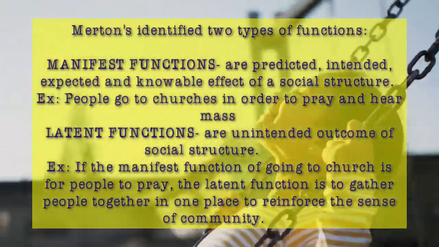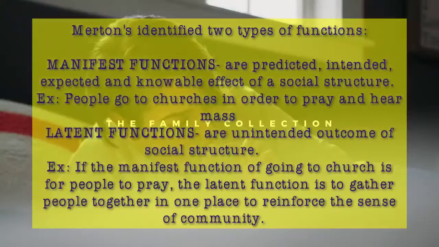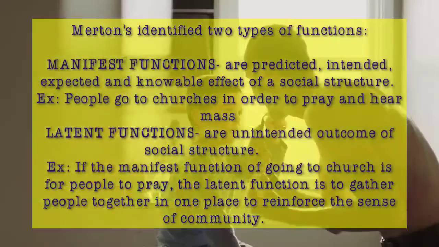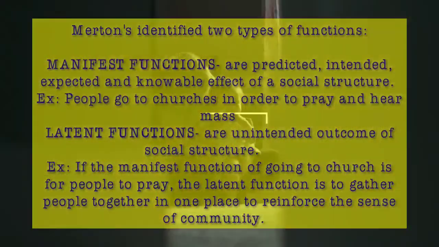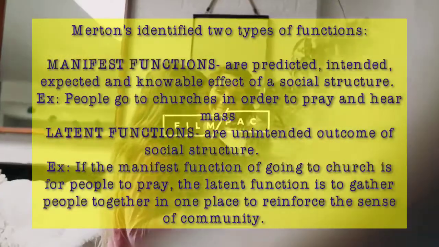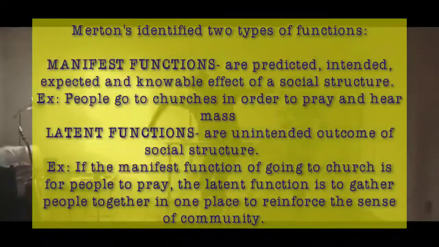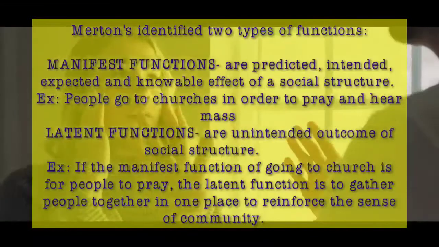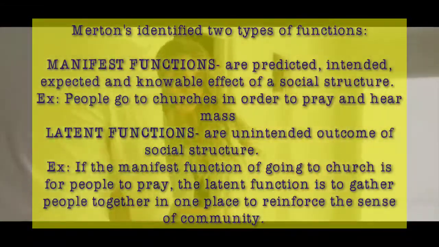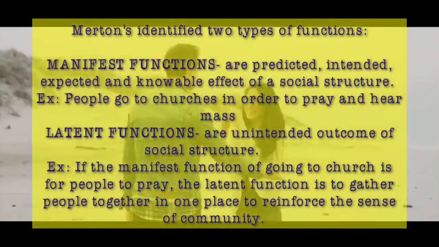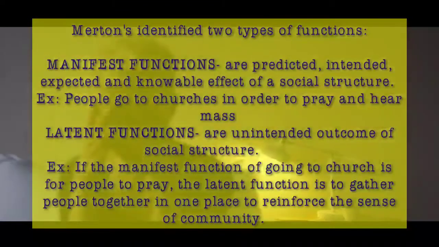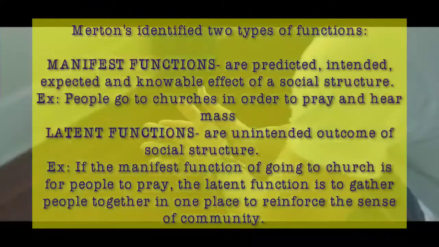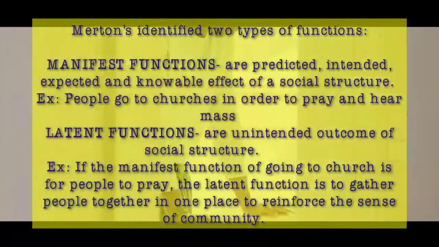Merton identified two types of functions. The first is the manifest functions, which are the predicted, intended, expected, and knowable effects of a structure. For example, people go to church in order to pray and hear mass. The next type of function is latent functions.